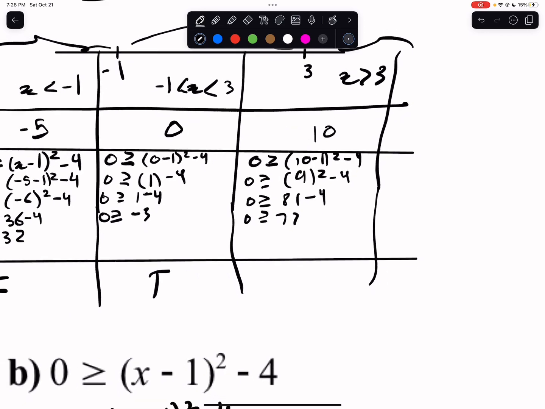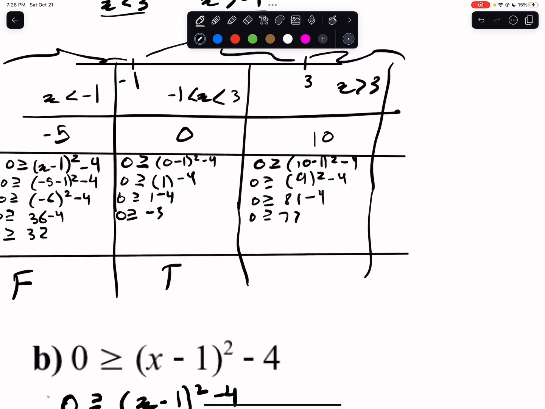Is 0 greater than or equal to 77? That is for sure false.